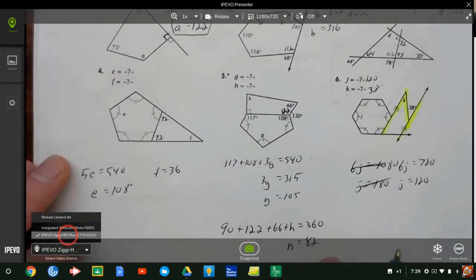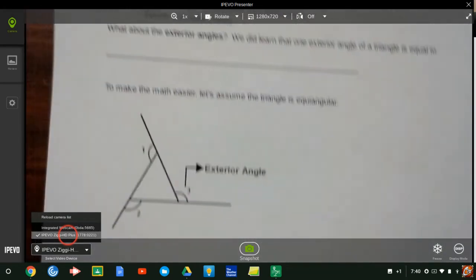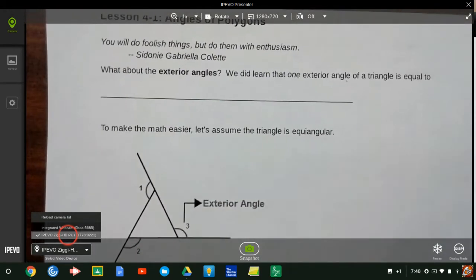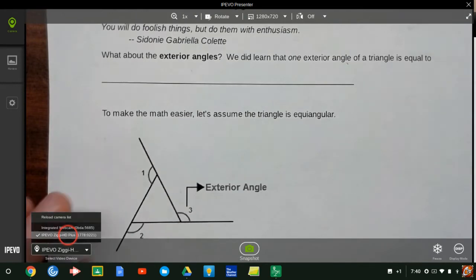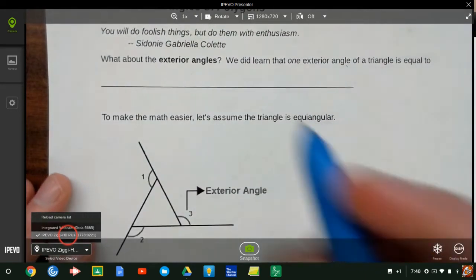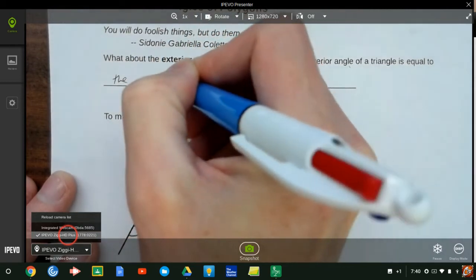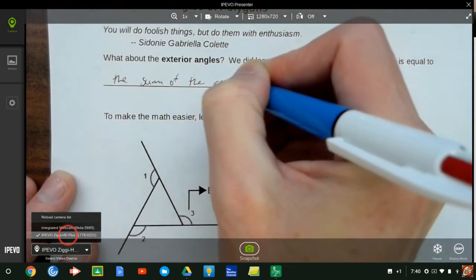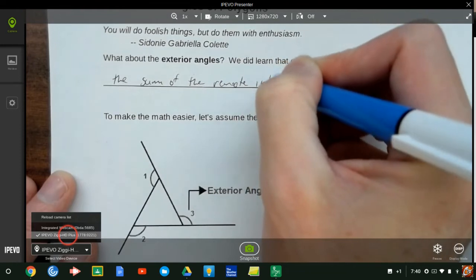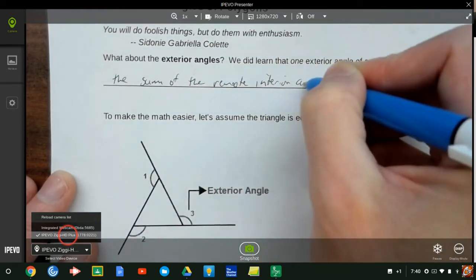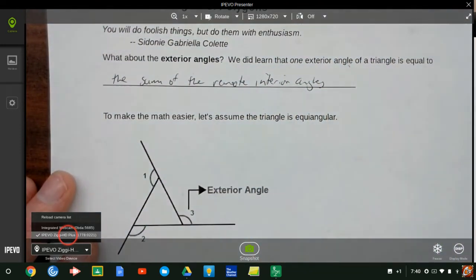Now, that's talking about the interior angles. What about the exterior angles? Well, we learned that one exterior angle of a triangle is equal to the sum of the remote interior angles. Okay?